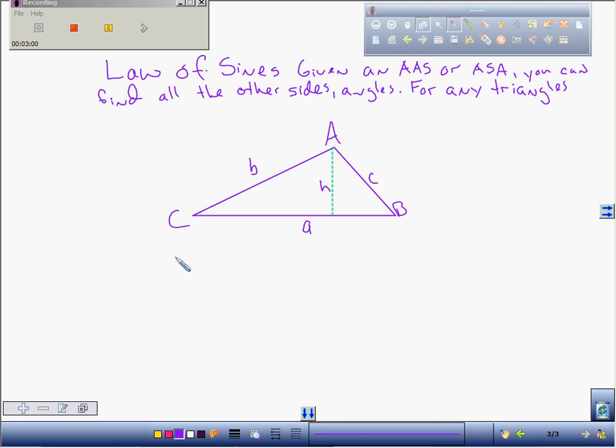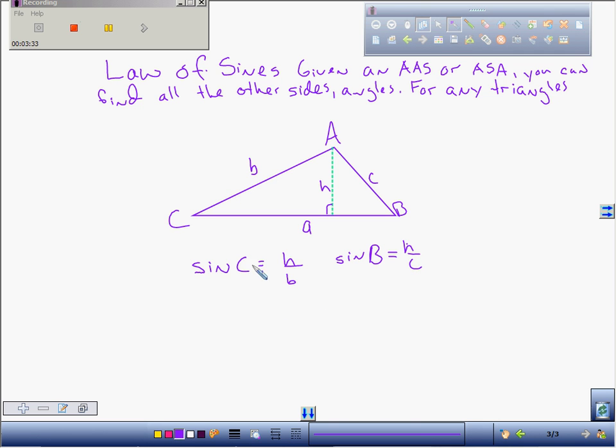Now, it so happens that the sine of C is equal to what over what? Well, if I drop this right down and make a right angle right there, it is equal to h over b. And the sine of angle B is equal to opposite over hypotenuse, h over c.